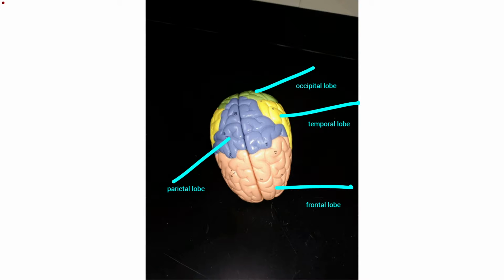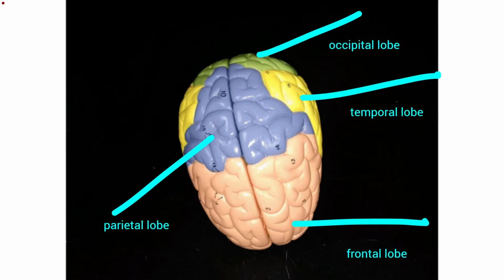Now, you have these raised areas and you have these depressions. And I'm going to zoom in. These raised areas are called one thing, and the depressed areas are called another thing. Raised areas, each one is a gyrus.